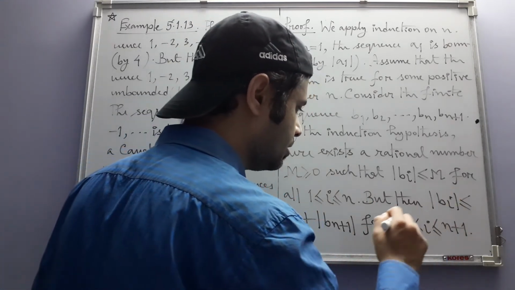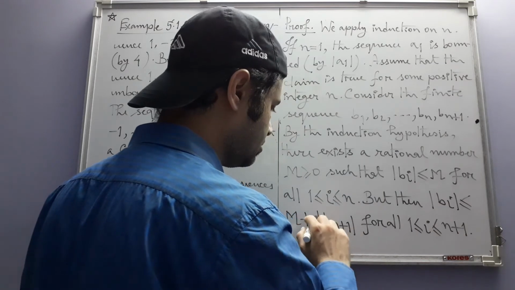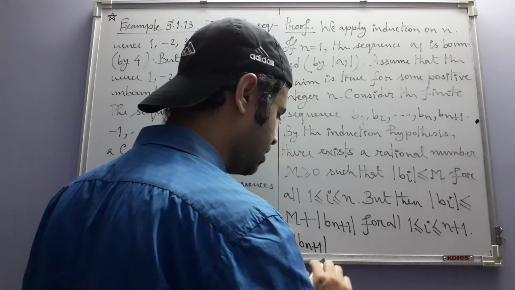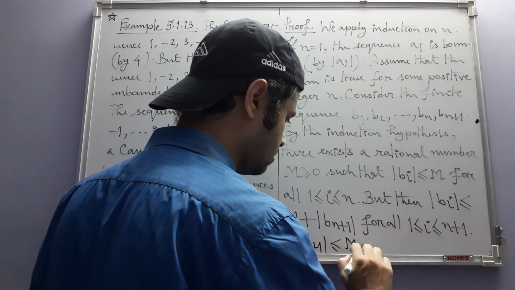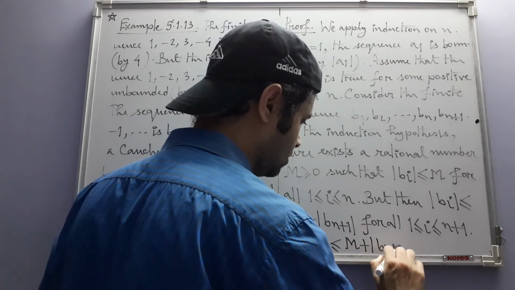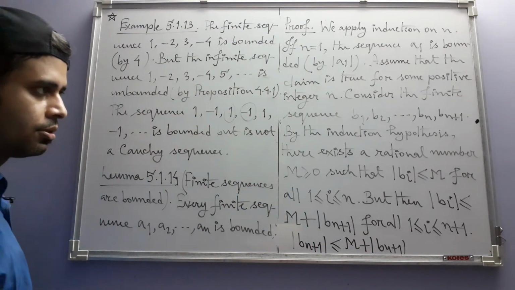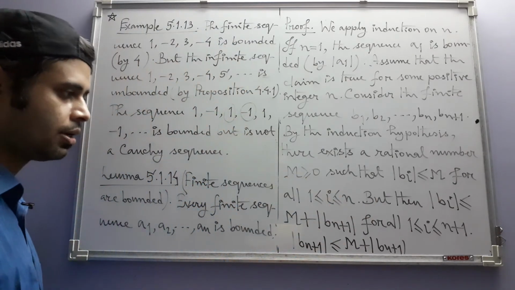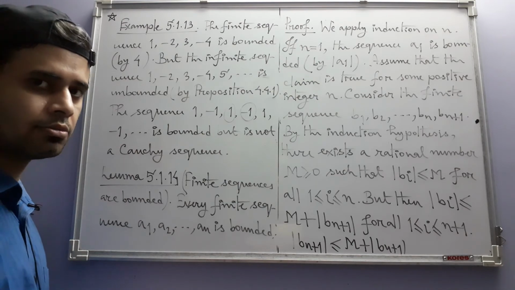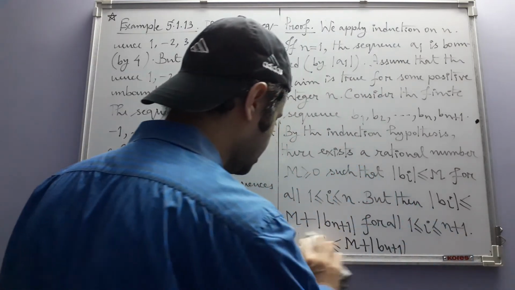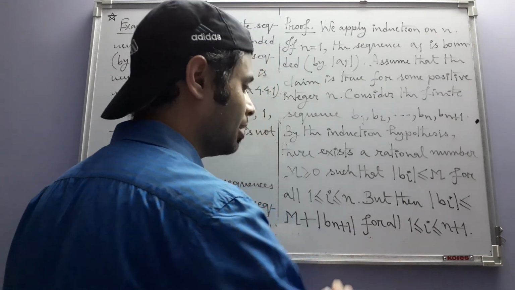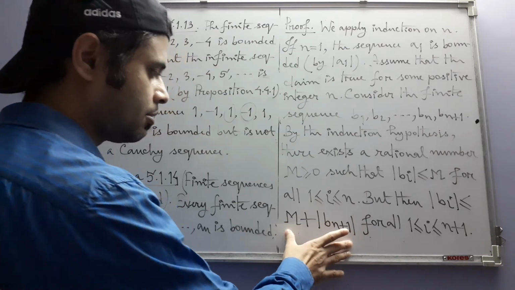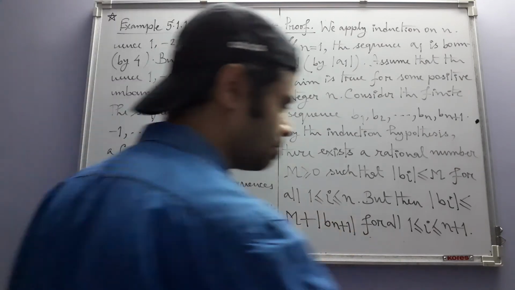And if i is equal to n plus 1, then we have this on the left hand side. On the right hand side we have m plus this, which is also true. So for the entire sequence, this can be taken as a rational number which bounds the sequence. So that's it, that completes the induction. Oh, but we have one more observation to make. We just have to mention that this is again a non-negative rational number.